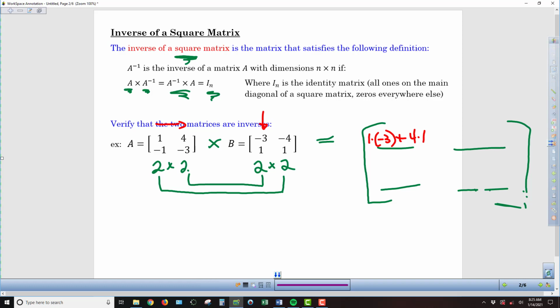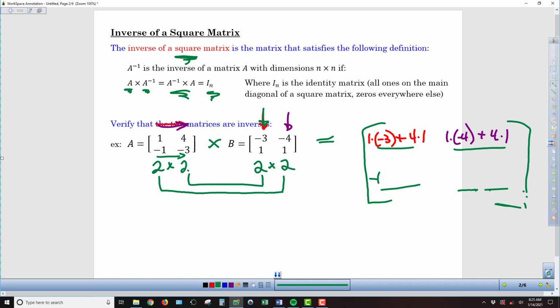Then I'm going to go to row 1, column 2. So I've got 1 times -4, and then added to that is going to be 4 times 1. Now I'll move on to row 2 of our first matrix. So I'm going to go across the bottom here and then down the first column.